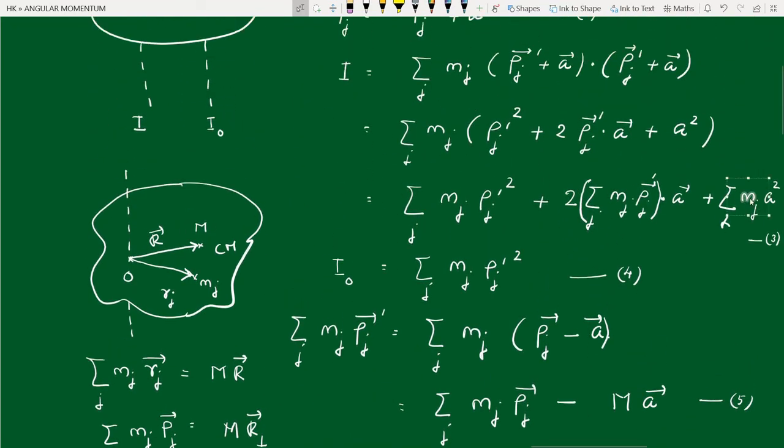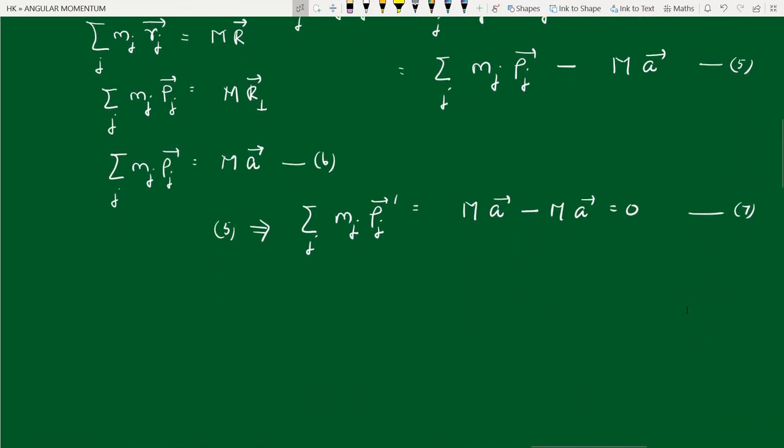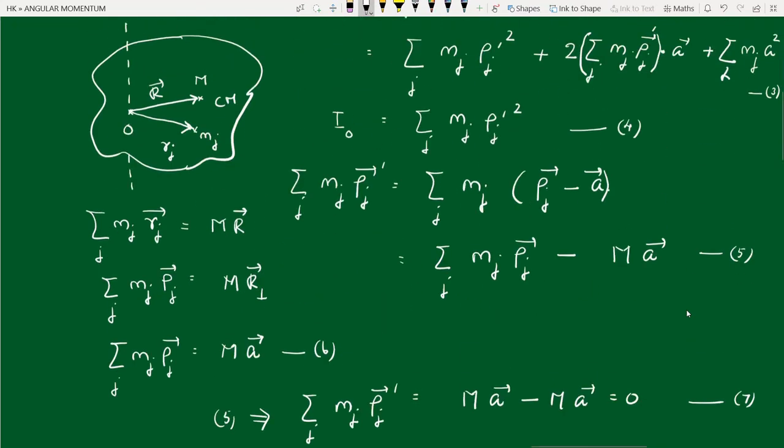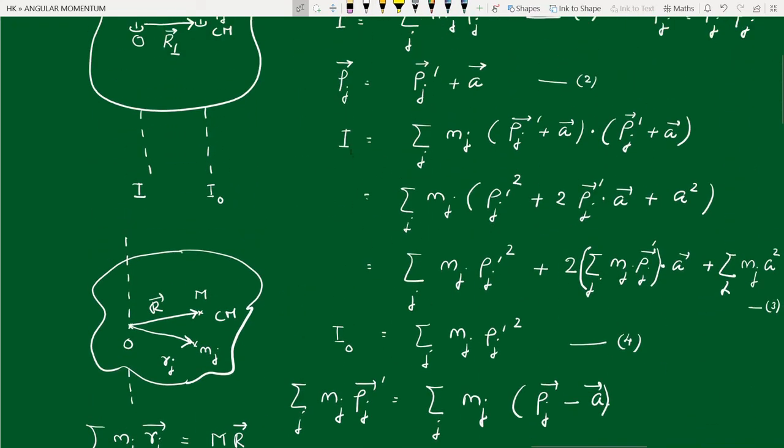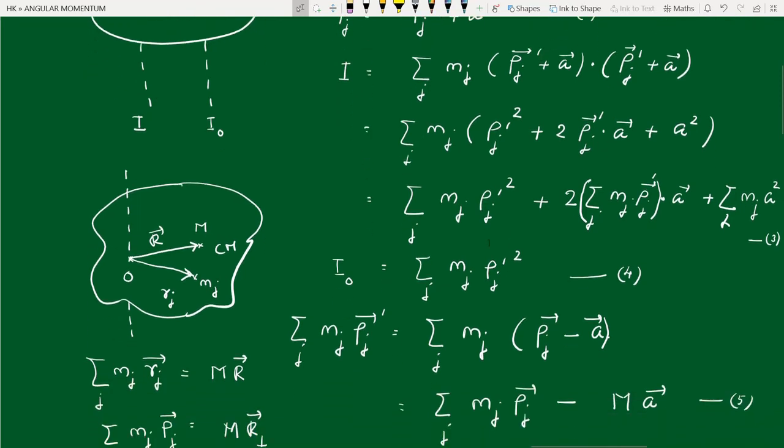And what is the last term? The summation is applicable only for this mj. So summation over j, mj is nothing but capital M. Okay, so if you look at equation 3 now, the left hand side is I, the moment of inertia about this z axis, and the first term on the right hand side, according to equation 4, is nothing but I0.